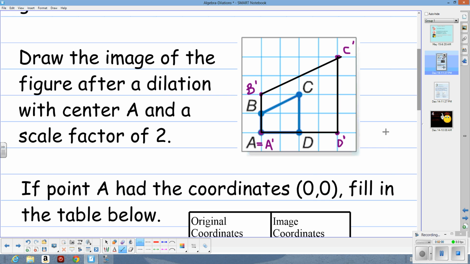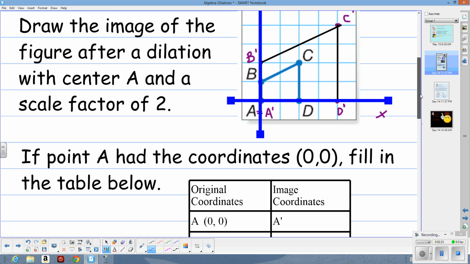Now we're going to pretend that point A had the coordinate 0, 0. In other words, I'm going to draw in an x and y axis that goes through point A. So here's the x-axis, here's the y-axis.